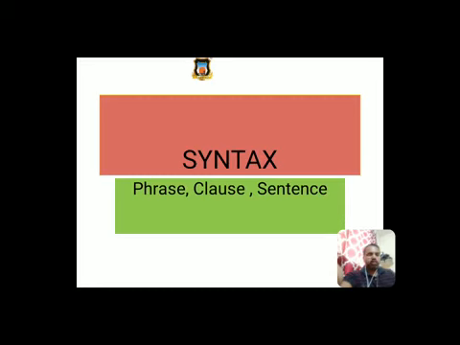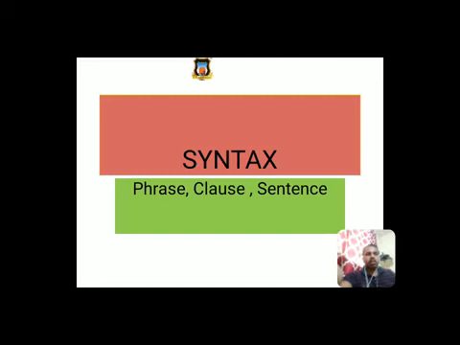So when I say the green shirt, here green modifies the shirt. So we have come to know that they are internally organized into smaller groups, come together and form a sentence. These groups of words that act like a single unit are what we have referred to as phrases.